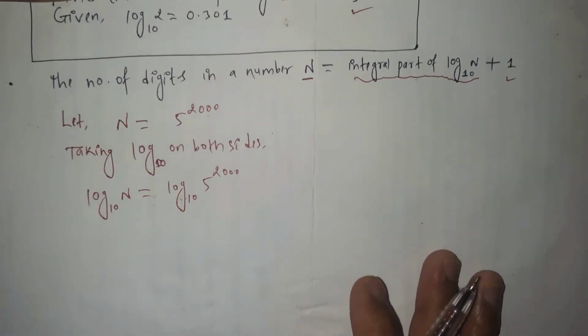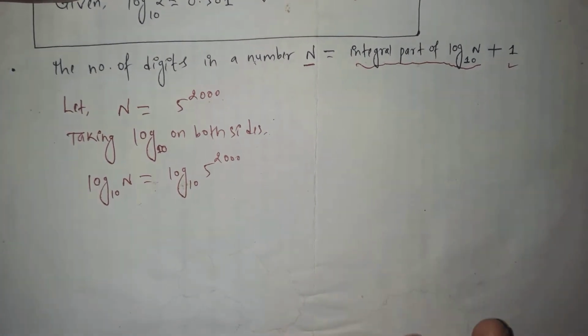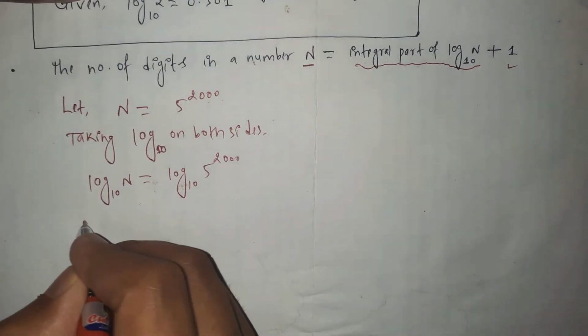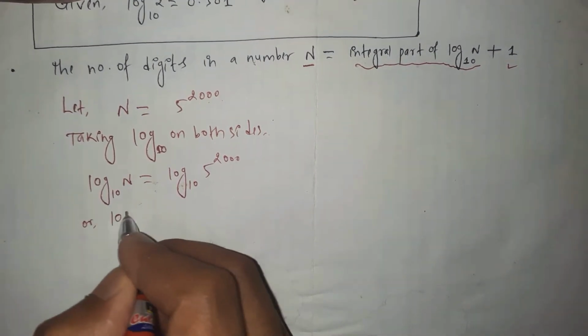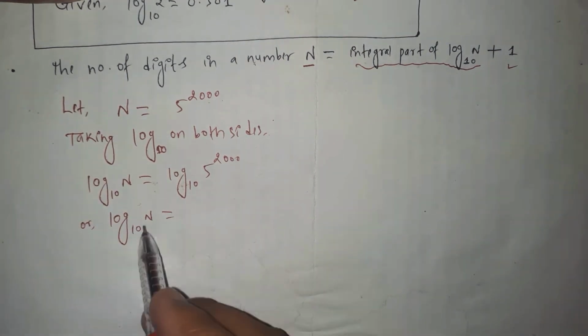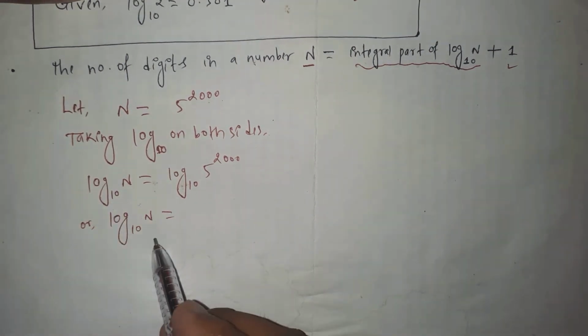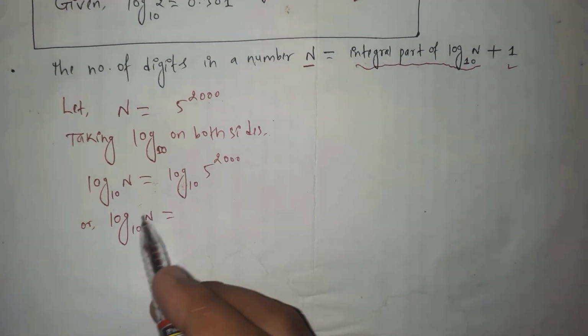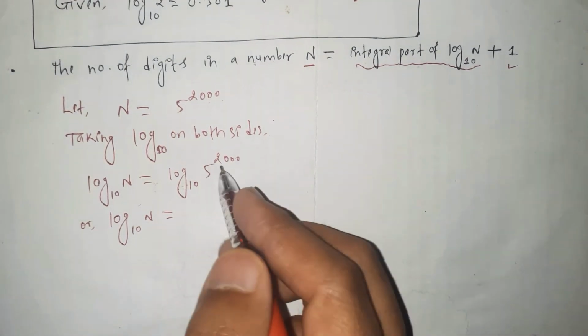In this step we just take the common logarithm on both sides of this equation. Here I am going to calculate the integral part of this logarithm of n with base 10, and this can be simplified.